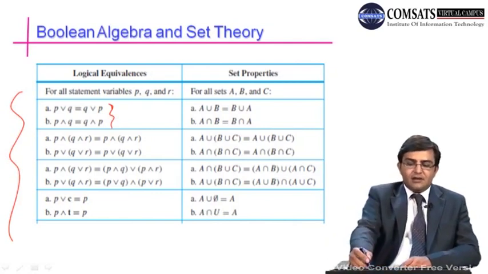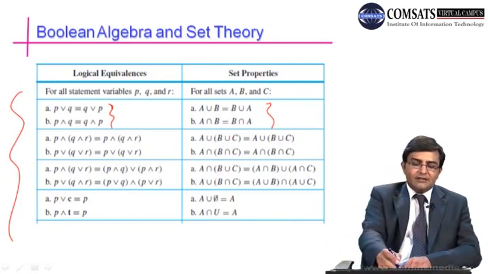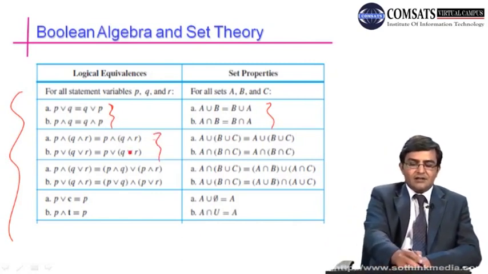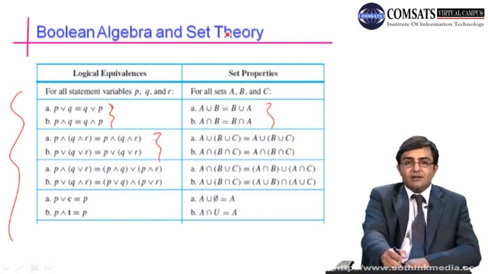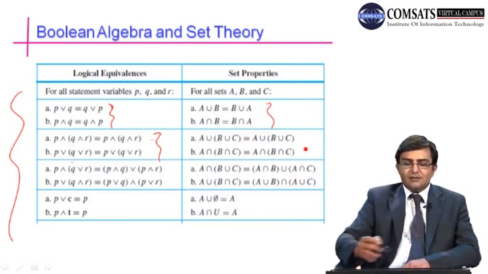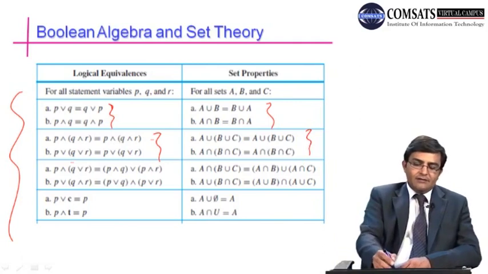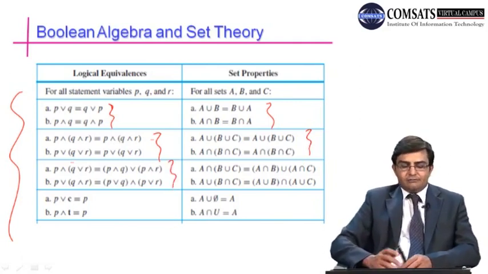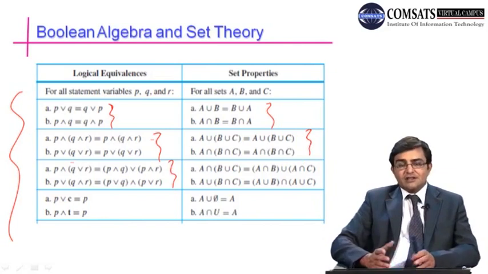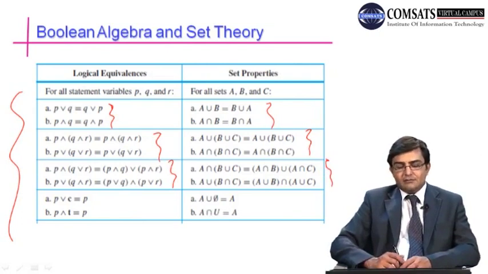Here we have the commutative law for union and intersection. Here we have distributive laws for conjunction and disjunction, associative laws. Here we have associative laws for conjunction and disjunction. Here we have the same associative laws for union and intersection. Here we have the distributive laws for conjunction and disjunction. Here we have the same distributive laws for sets.